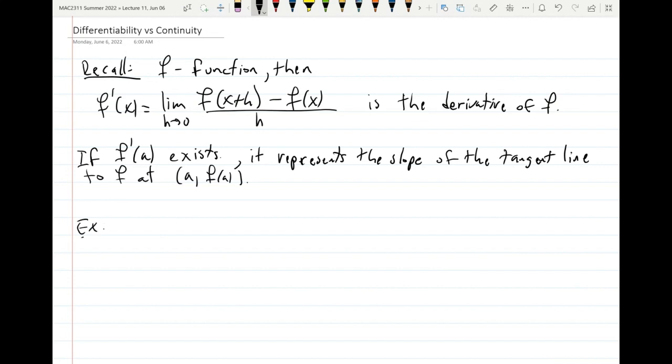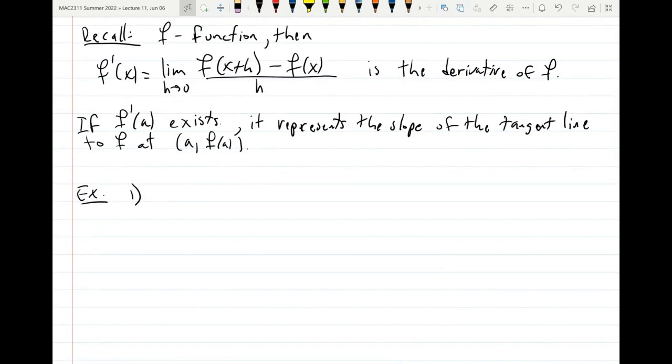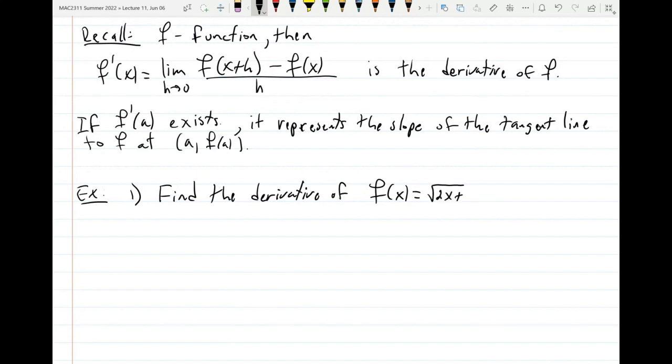So let's do 2 examples. The first one is: find the derivative of the square root of 2x plus 1.